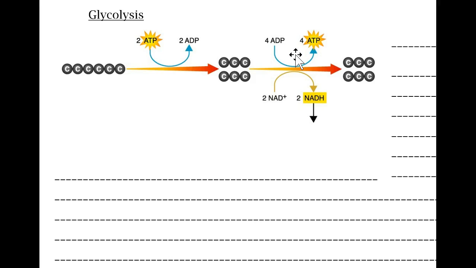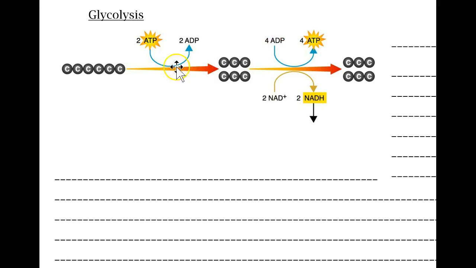When we pull those electrons out of the 3-carbon compounds, enough energy is released to take 4 ADP and join them with the independent phosphates to make 4 ATP. So when we look at our totals of ATP, we gained 4, but at the cost of 2.